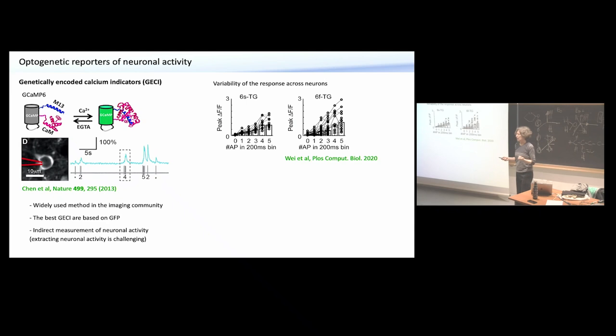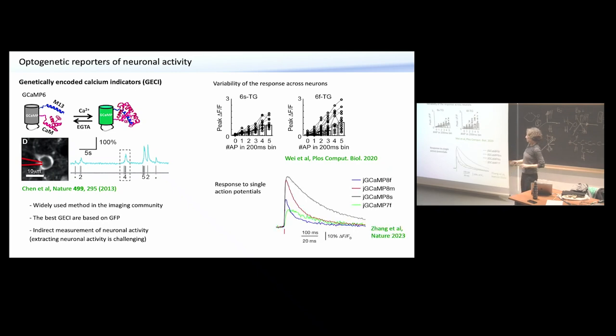So one of the challenges is that in different neurons, you will not have the same signal corresponding to a single action potential. So then it's going to be difficult to know how many action potentials are emitted by which neuron. So there is a huge variability.